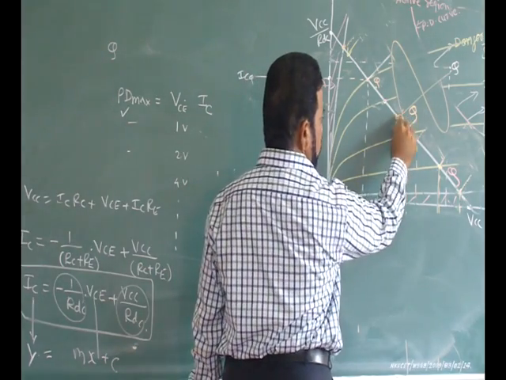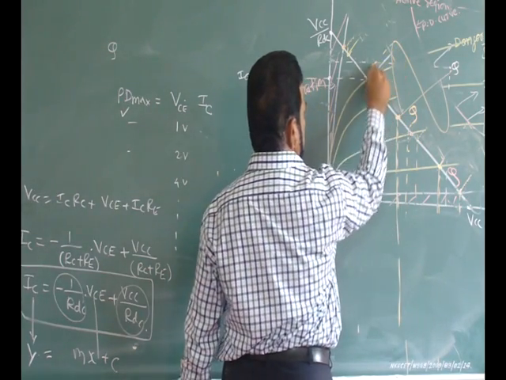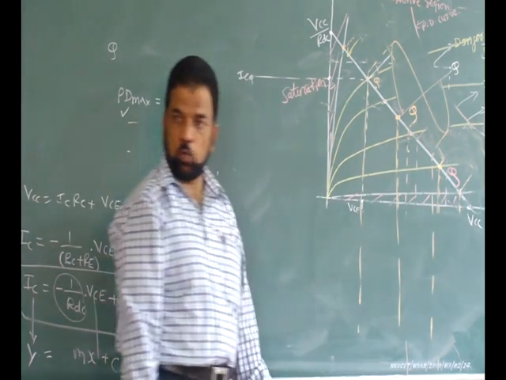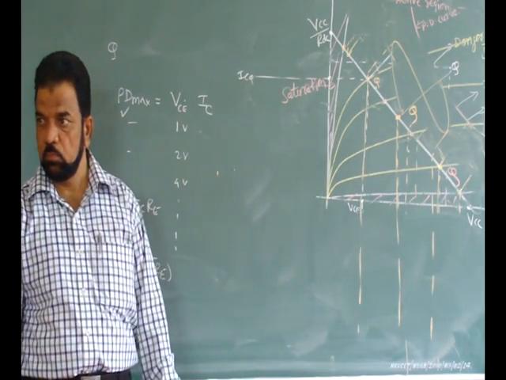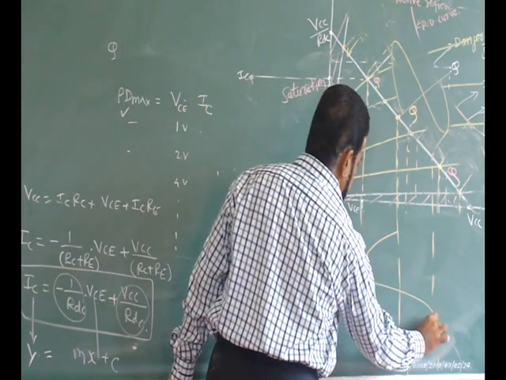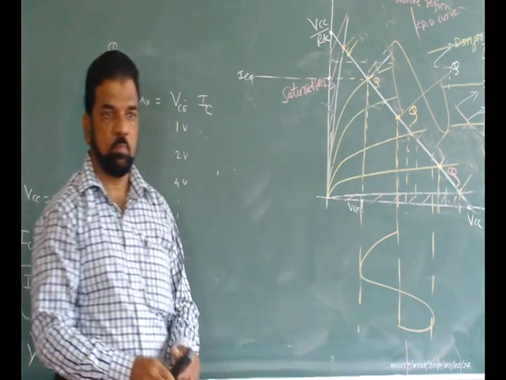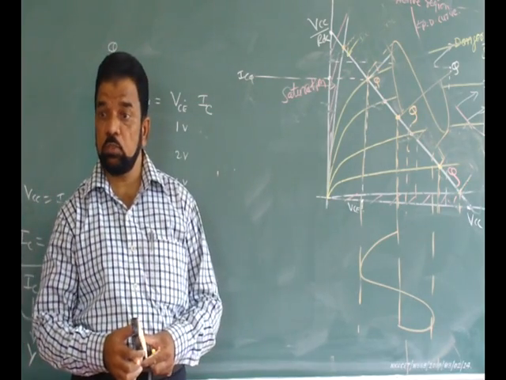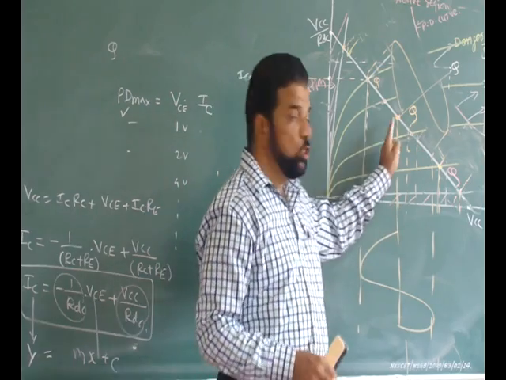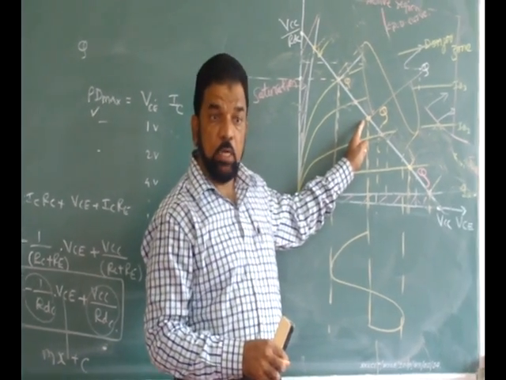This is your VCQ now. This is one value. This is two value. Are you getting now? So if you now check the output, that output is like this one. So what is the conclusion? Conclusion is Q point should be at middle of the characteristics.